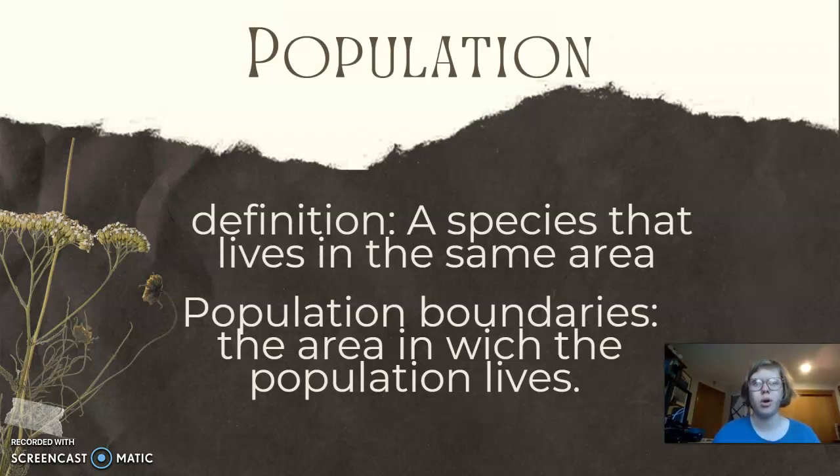Another example would be maybe bees in a forest. All of the bees in that forest, in that area, is a population, but the boundaries is from the start of the forest to the end of the forest. And so when you're going to talk about species richness and some of those vocab words we talked about at the beginning, and how do I know, is this population thriving?